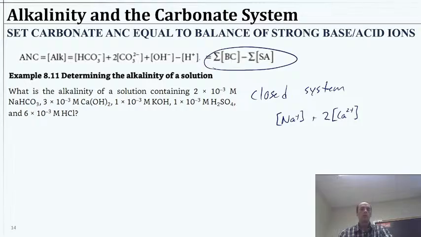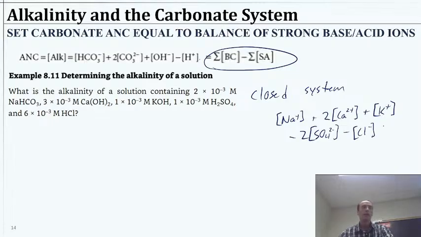For every 1 calcium, we're releasing 2 units of base, OH minus, so that makes sense as well. We also have potassium, and we also have some acids, so we're going to have 2 times sulfate, so 2 minus, and chloride.